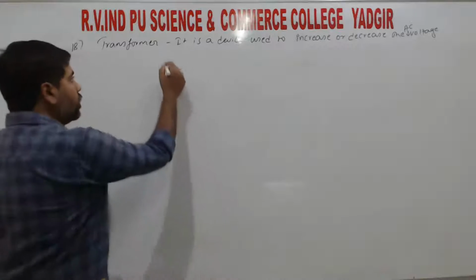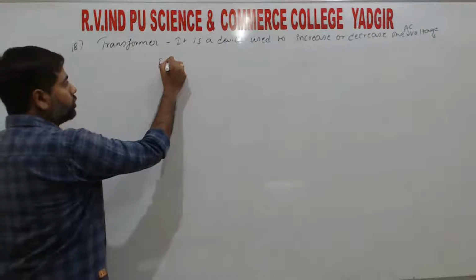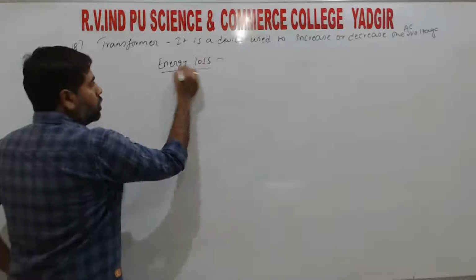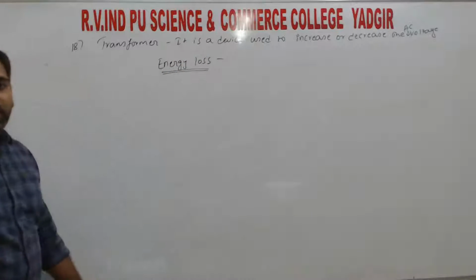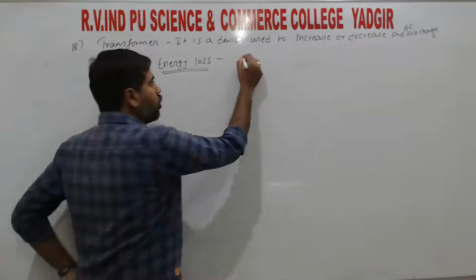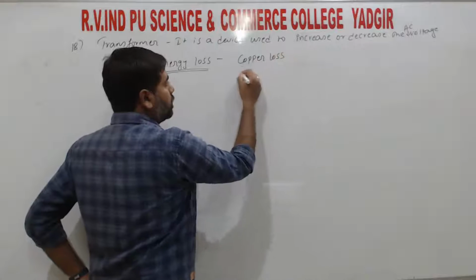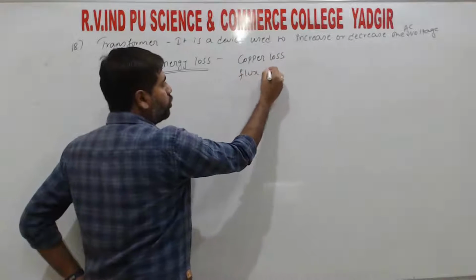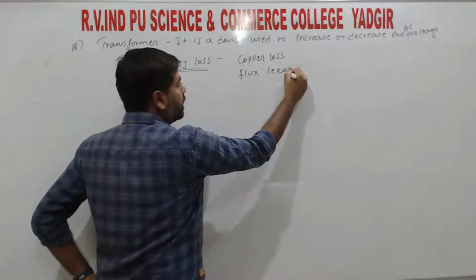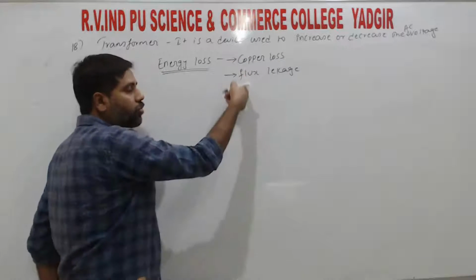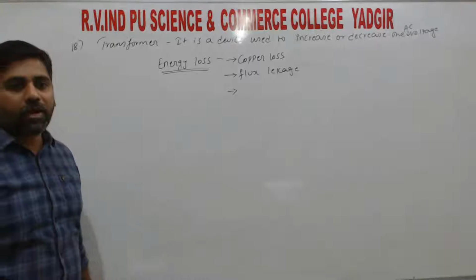Energy loss in the transformer. The reasons for the energy loss: the first one is copper loss, and the second one is due to flux leakage. For 3 marks, you need to write 3 points.